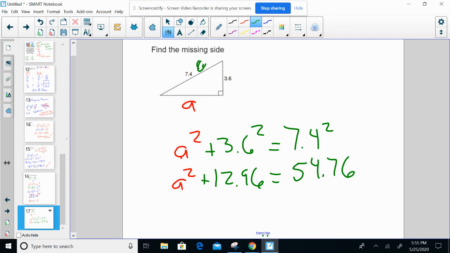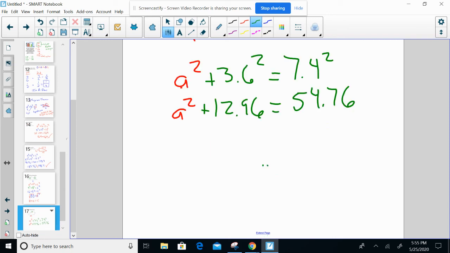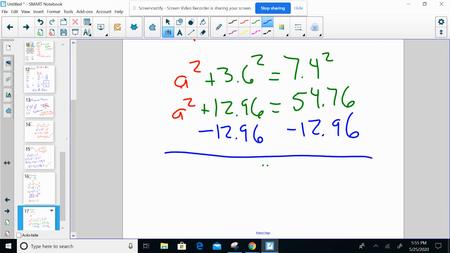We want to solve for A, so we need to get A by itself. So the first thing you need to do is subtract 12.96 from both sides. All right, we have A squared now all by itself on this side. And we have to subtract, and we get 41.8.